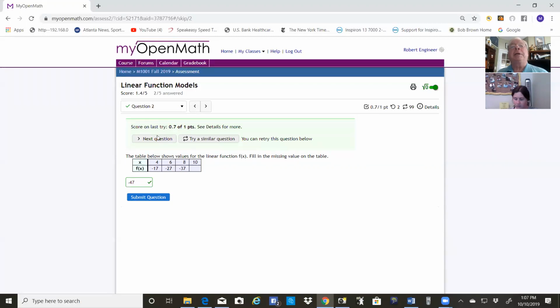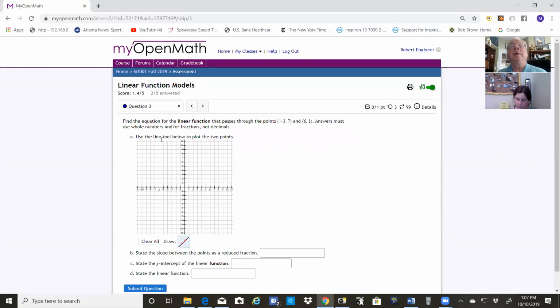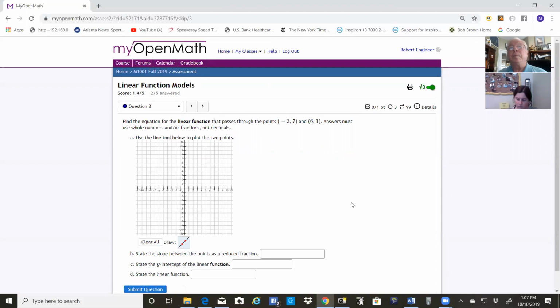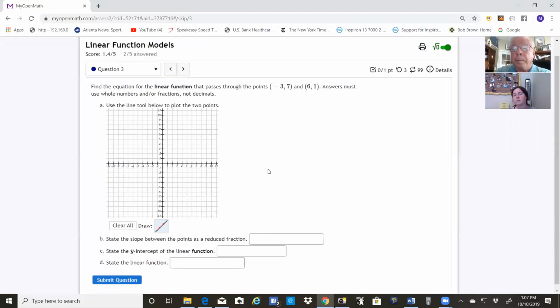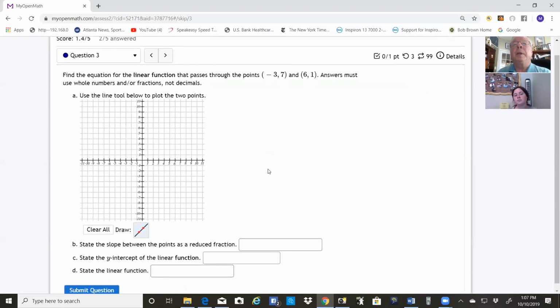Okay, the next question is find the equation of the linear function that passes through the points -3 and 7 and 6 and 1. And there's a pretty neat app here that allows you to draw in an equation or draw in a graph.